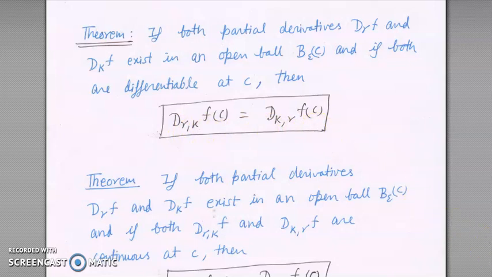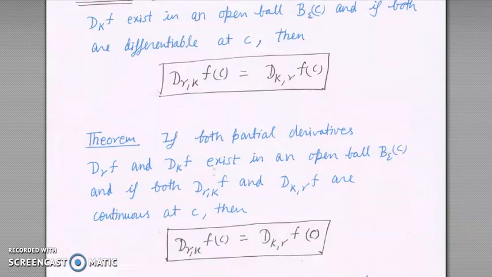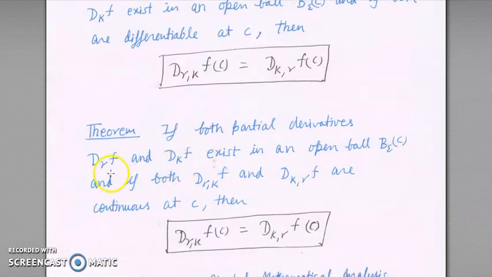The second theorem is, if both partial derivatives Dr f and Dk f exist in an open ball of center c and radius epsilon, and if both Drk f and Dkr f are continuous at the point c, then both will be equal. So these are the two sufficient conditions.